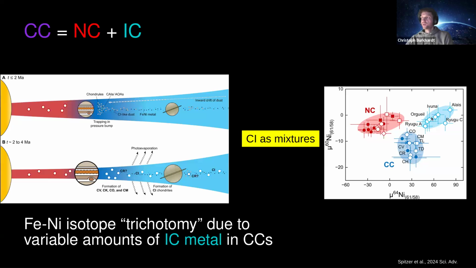It was proposed that this means they formed even further out in the disk, but alternatively, if we understand these CIs as mixtures as well, then it might just mean that they got a bit more of some metal component of this IC metal.